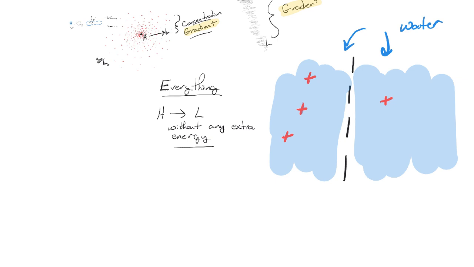Use a darker color. Why am I drawing it as a hexagon? Because glucose is what? Is a hexagon.